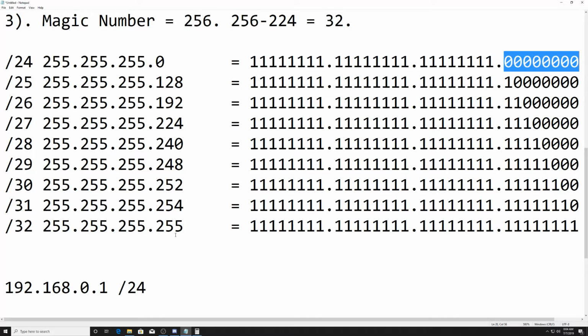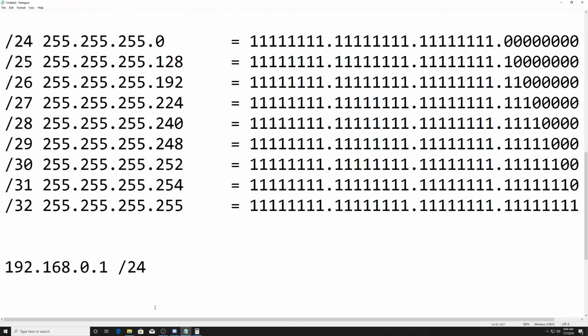So therefore, you can use 192.168.0.1. That is your very first available IP address. You cannot use .0, that's not going to work, so you have to use .1.